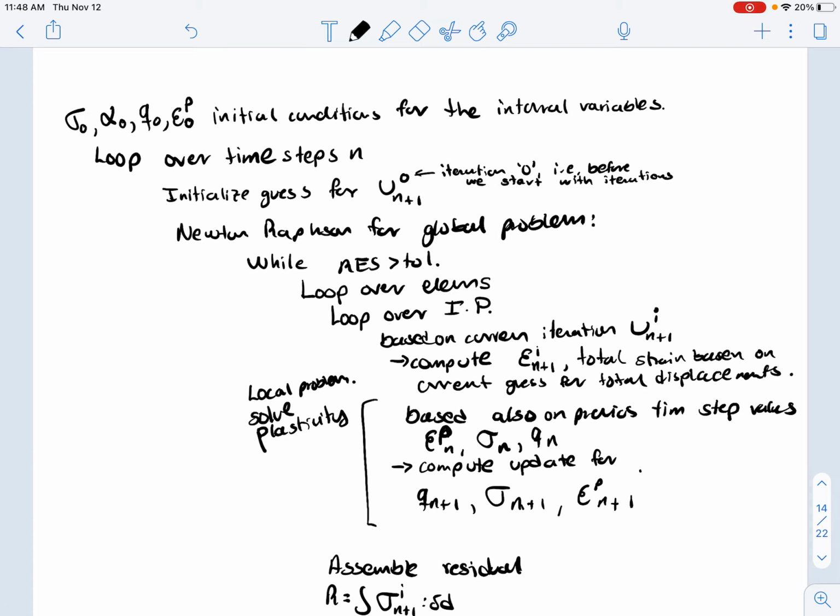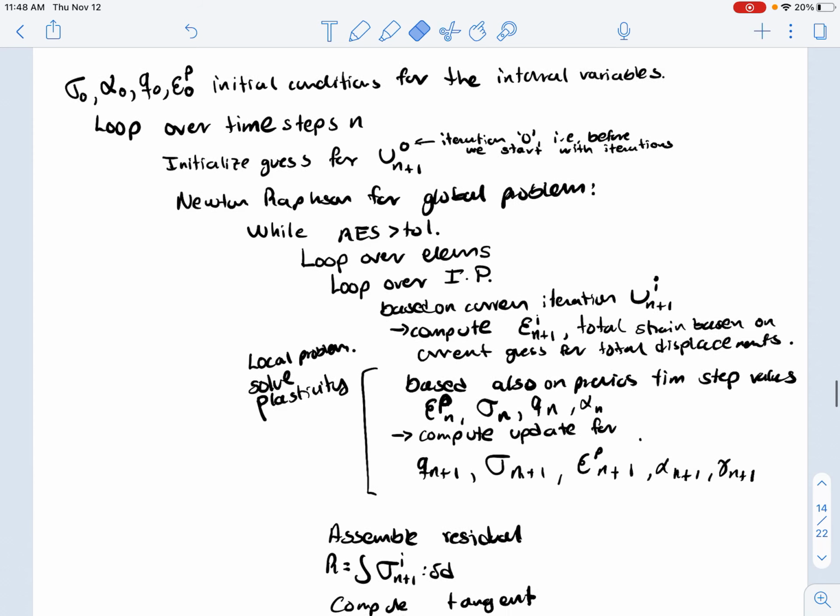So all the things that you have from the previous time step and the new total strains, you solve the plasticity problem, which gives you the new values. So all of these are sort of all your plasticity requirements, like back stress, hardening, plastic flow, plastic strains, new stresses that satisfy this plasticity problem.